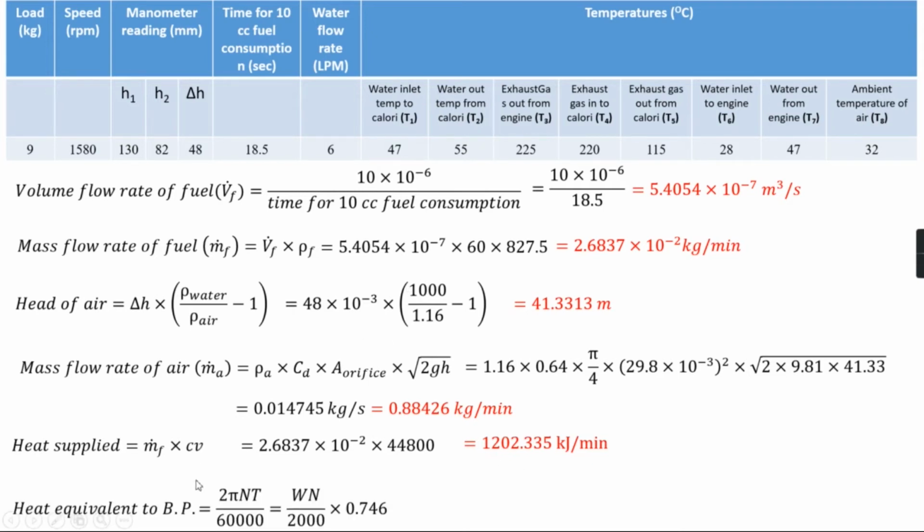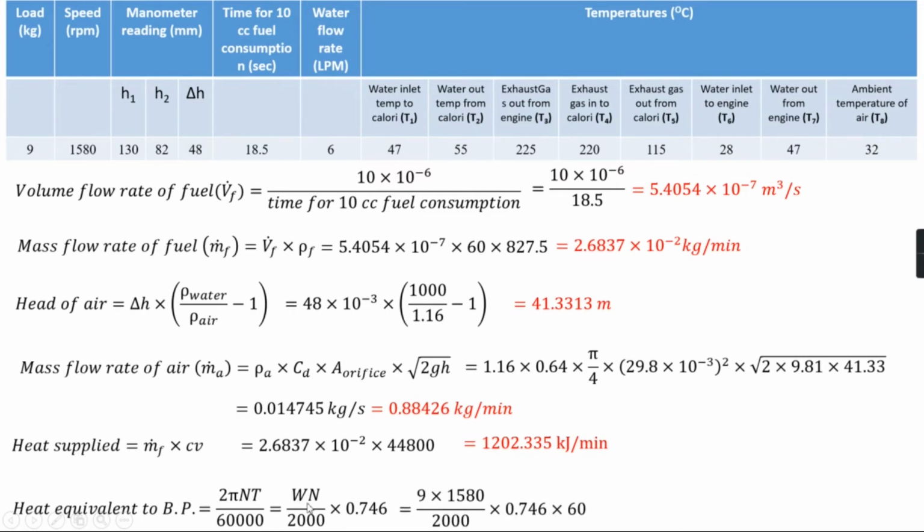Next, I will calculate the heat equivalent to brake power. First of all, I will calculate simply the brake power, which is generally in terms of kilowatt. Multiplying it by 60 will give me kilojoule per minute. So that is 2 pi N T by 60,000. For your simplicity, the formula for this particular diesel engine is given by the manufacturer as W N upon 2000 into 0.746.